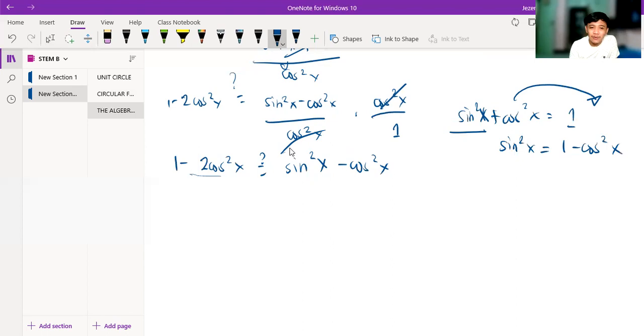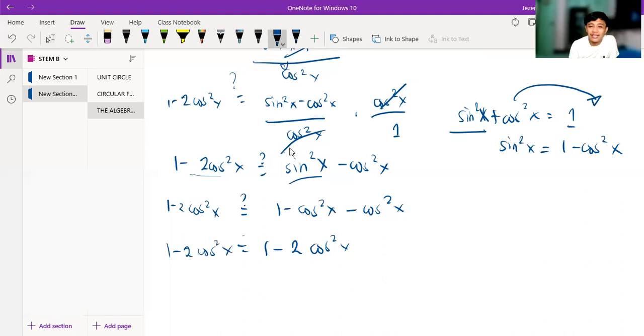Okay? So, 1 minus 2 cosine squared x is equal to, let's check. So, sine squared x, papalitan natin ng 1 minus cosine squared x. And 1 minus cosine squared. Then, ito ay pareho. So, negative 1 minus negative 1 is 1 minus 2 cosine squared x. Which is, yun ang nasa kabilang side natin.